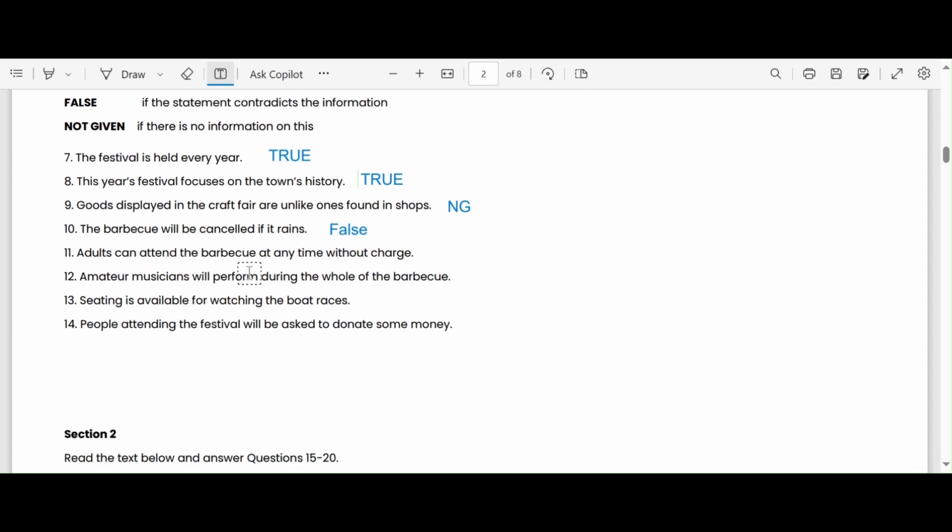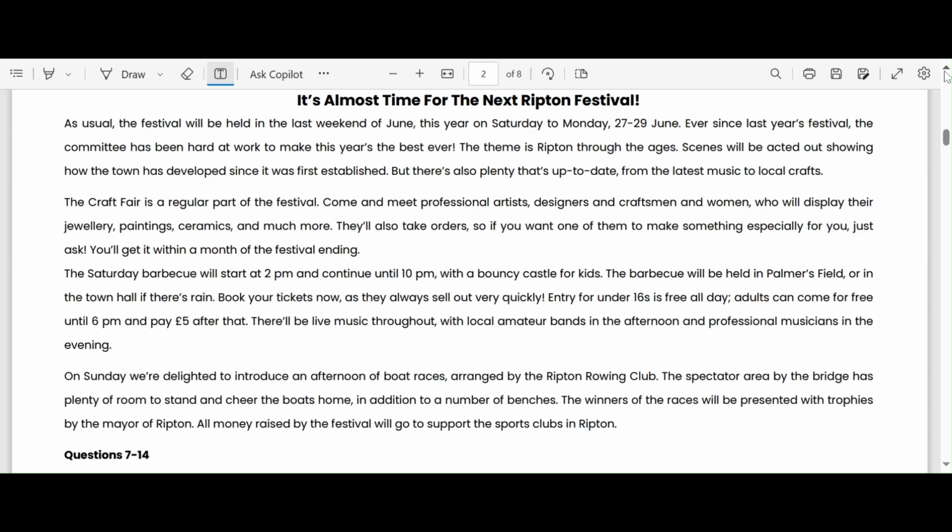So this means they cannot come at any time free. Without charge means free. If they come after 6, they will have to pay. And if they come before 6, it's free.